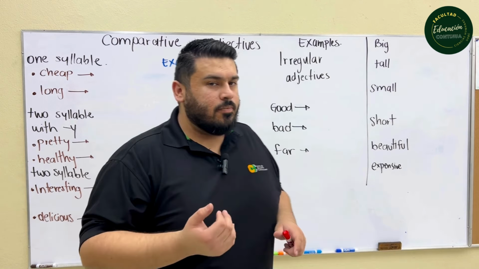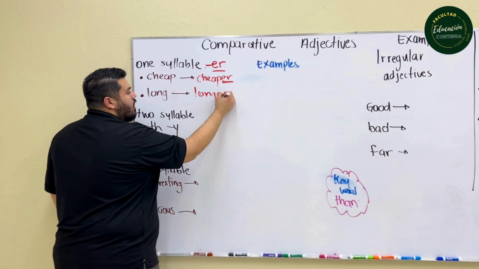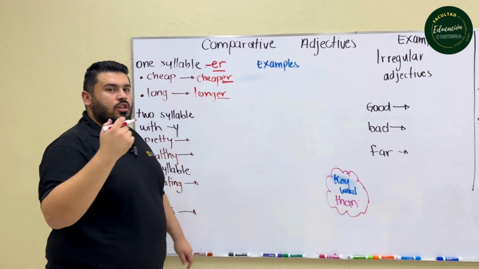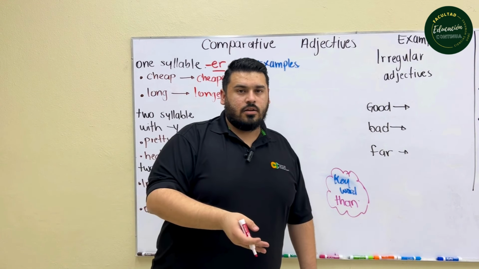Cheap, barato. Más barato, cheaper. It's the same meaning. Now, long. What do we have for long? Long, one syllable. Just one vowel sound. So long is longer. Okay? Long, longer.